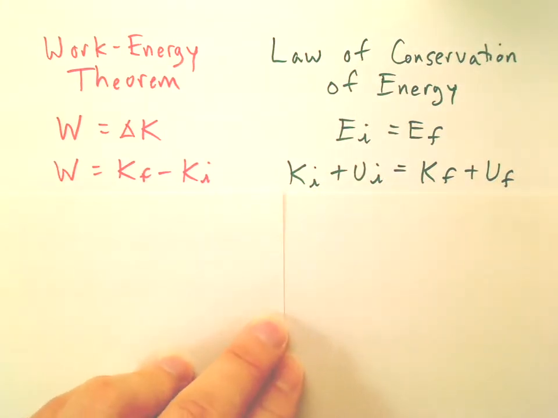Now, the disadvantage of the law of conservation of energy, unfortunately, is that it does not always work because energy is not always conserved. Now, I know you probably heard somewhere that energy can be neither created nor destroyed, so energy is always conserved, and yes, that's true in principle. But when you're solving a problem that relates to a particular physical system, the energy in that system doesn't have to be conserved.